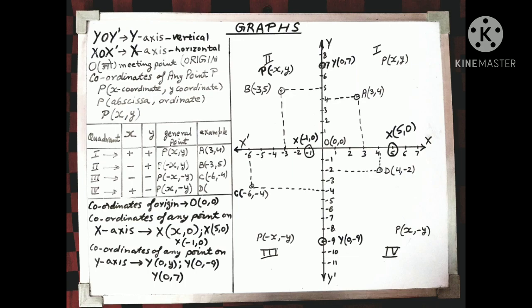So as we can see very clearly, this graph is divided into four equal parts which are known as quadrants: the first quadrant, the second quadrant, the third quadrant and the fourth quadrant.